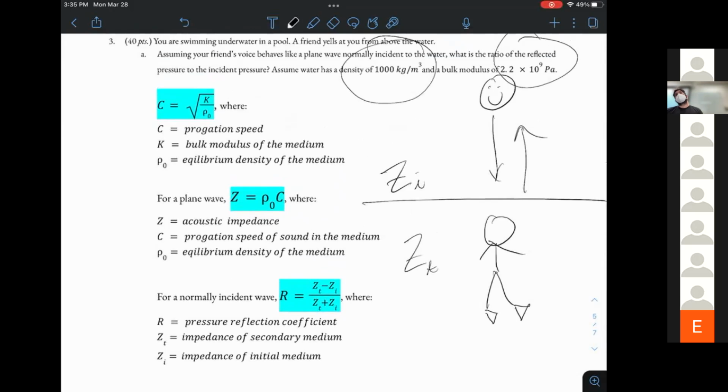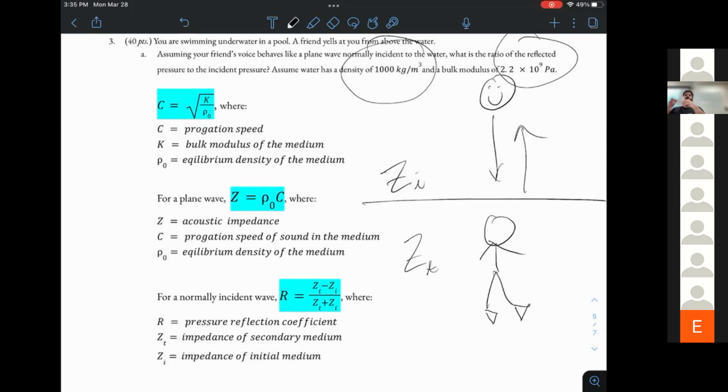Yep. For the propagation speed. Yes, sir. Wait, never mind. It's just using our bulk modulus, that would be big K. That's just a value that's given to you.